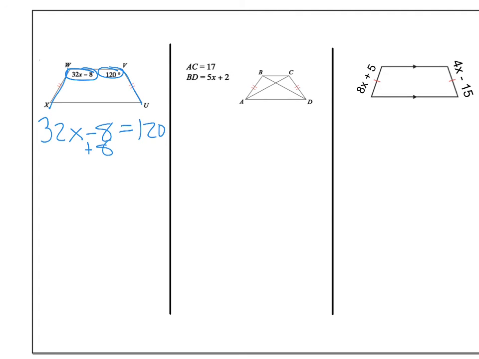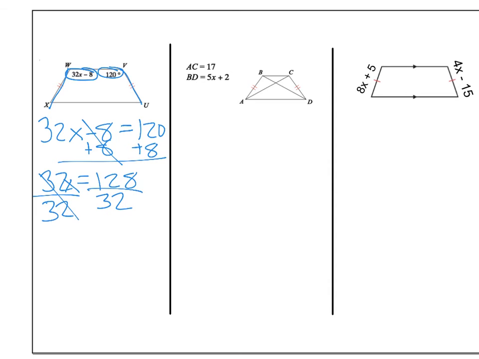So I'm going to add 8 to both sides. So I have 32x equals 128. And then I'm going to divide by 32 on both sides. And I'm going to get x equals 4. All right, so again, those base angles are congruent to each other.